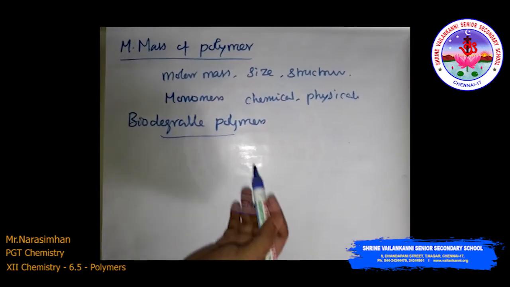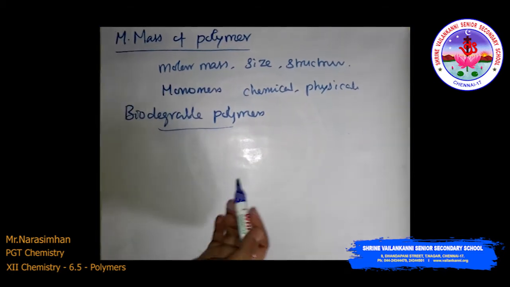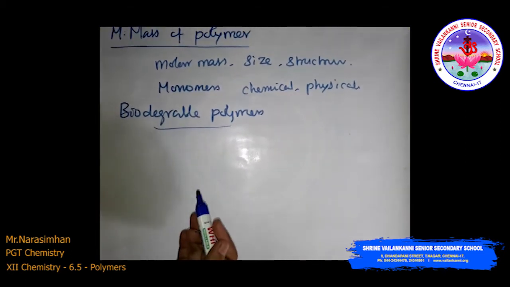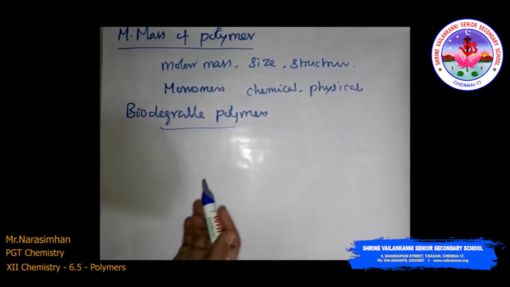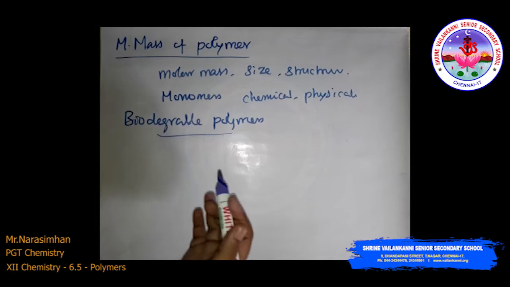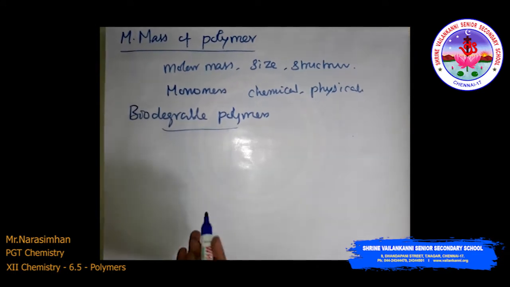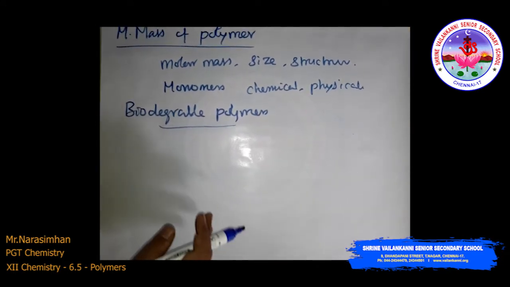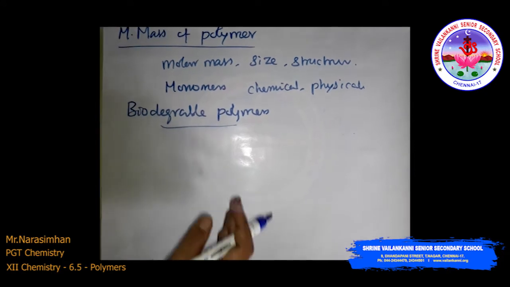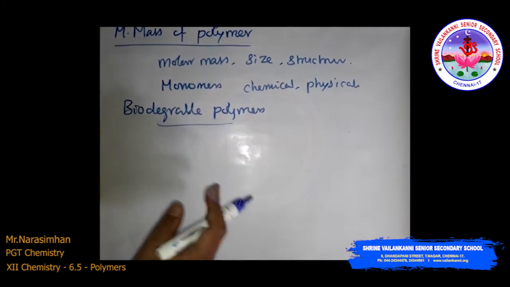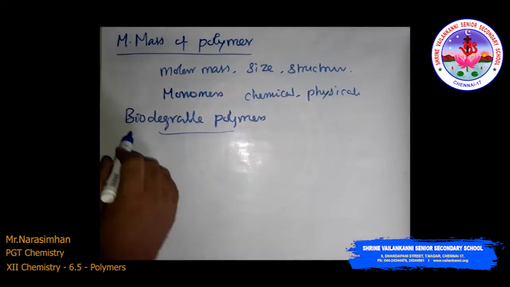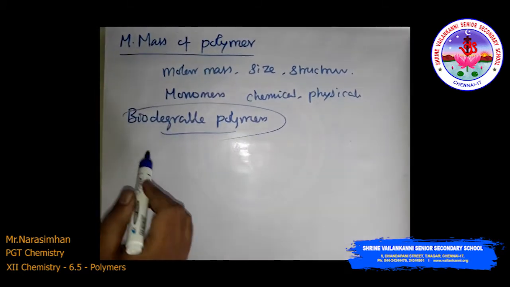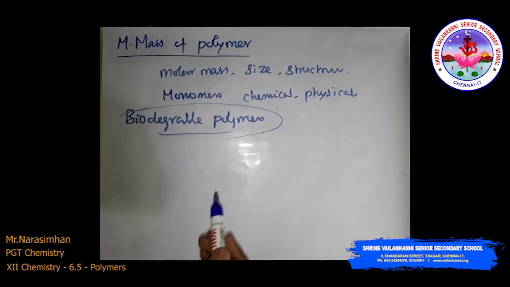A large number of polymers are quite resistant to environmental degradation processes, and are responsible for the accumulation of polymeric solid waste material. The solid waste causes acute environmental problems and remains undegraded for quite a long time. So awareness of this problem created a new system called biodegradable polymers.